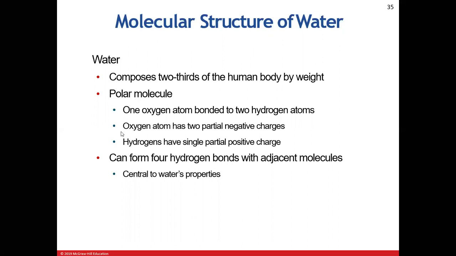And the hydrogens have a single positive charge. And what we also know then is that water can therefore form 4 hydrogen bonds with adjacent molecules because again of the two partial negative charges formed at the oxygen with the two hydrogen and the individual single positive charges of the hydrogen.